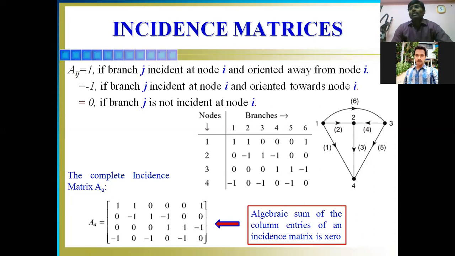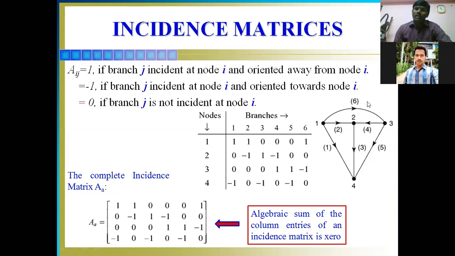You may get this matrix while applying KCL. We assume that the current leaving the node is positive, and the current entering the node is negative. Is it right? So suppose you apply KCL at node 1: I1 is leaving, I2 is leaving, I6 is leaving. So you get I1 plus I2 plus I6 is equal to 0.